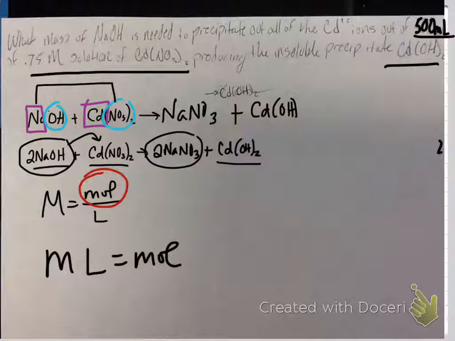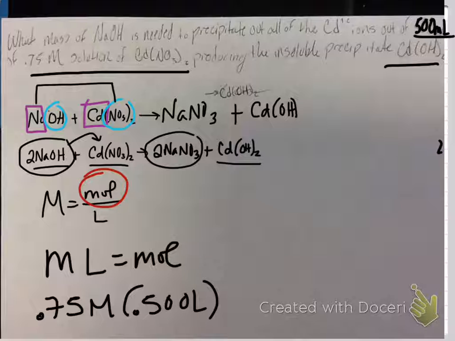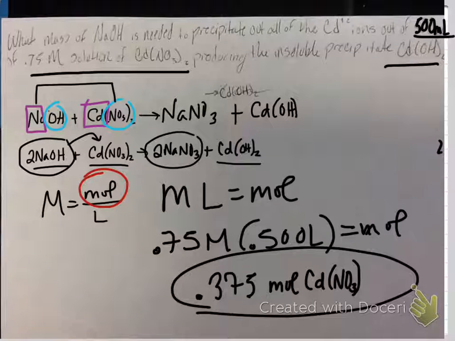So molarity times the number of liters will give us how many moles of cadmium nitrate we have. We're told that we have a 0.75 molar solution, and then we have 500 milliliters, that's 0.5 liters of it. How many moles of cadmium nitrate do we have? Okay, so we've got 0.375 moles of cadmium nitrate, cadmium-2 nitrate.